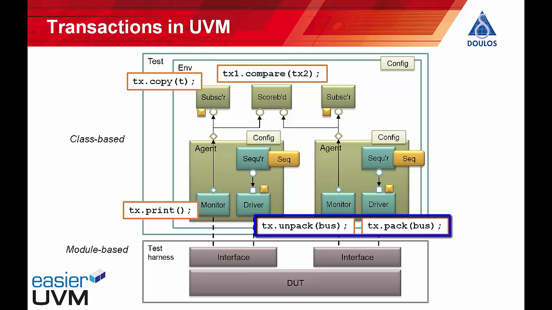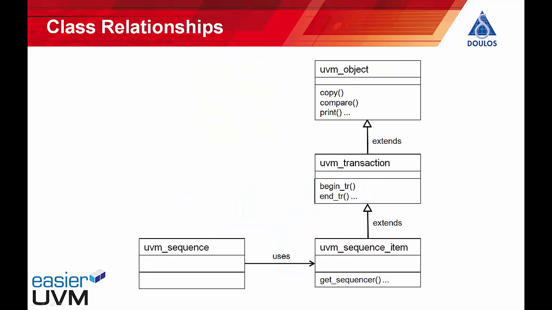The pack and the unpack methods are used when packing the contents of the transaction on a vector or sending them across a serial link. And then the print method might be used in a monitor just to print out the contents of the transaction for diagnostic purposes. So in this tutorial I'm going to explain these use cases and also show you how to define each of these methods for yourselves and help you to understand what's really going on.